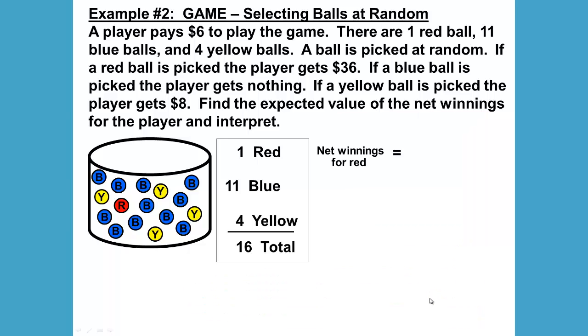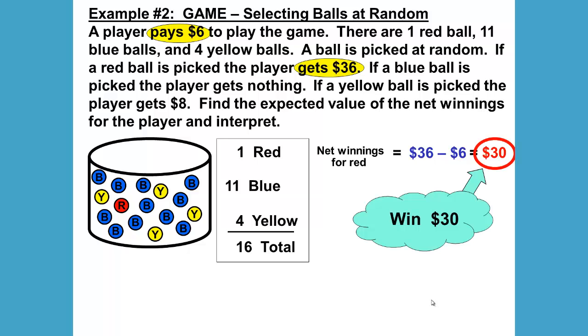What are the net winnings for red? Well, a player pays $6, and if they pick a red ball, they get $36. 36 minus the $6 to pay gives us a win of $30.